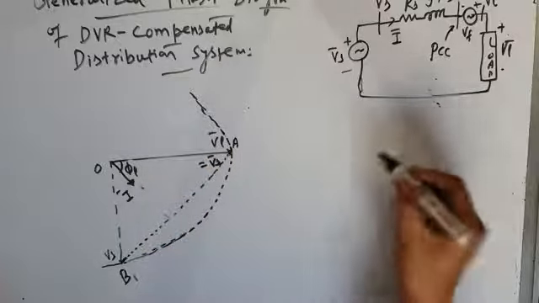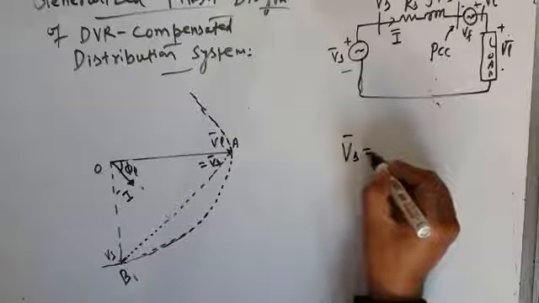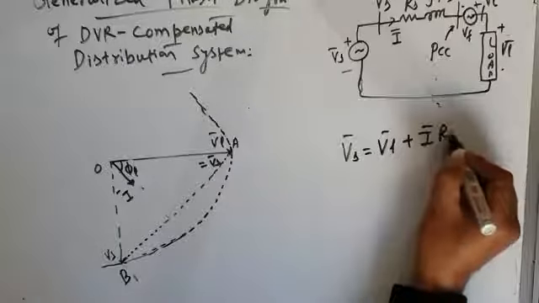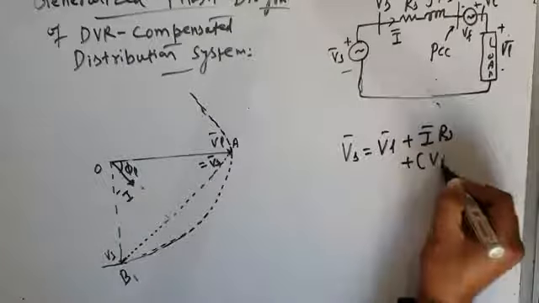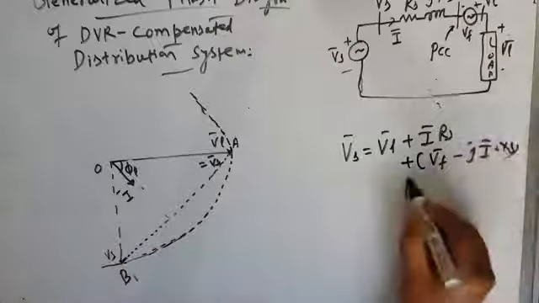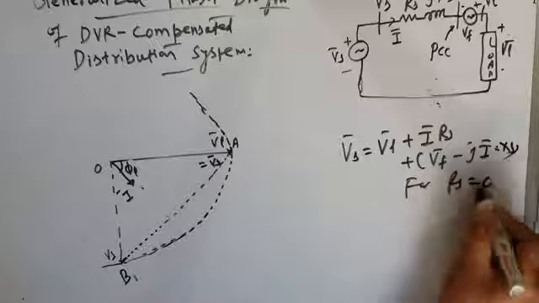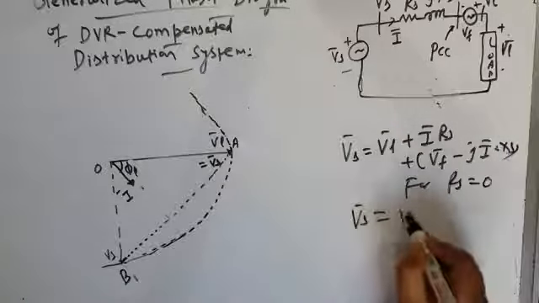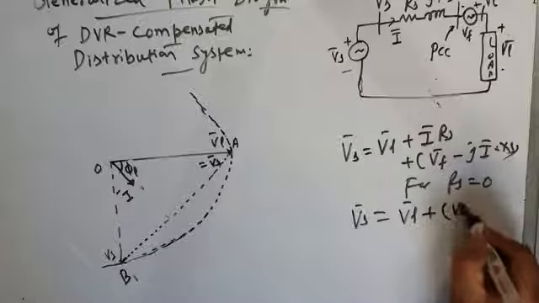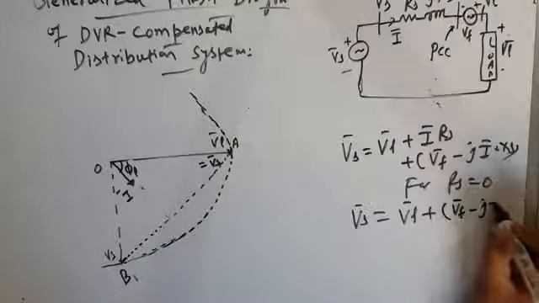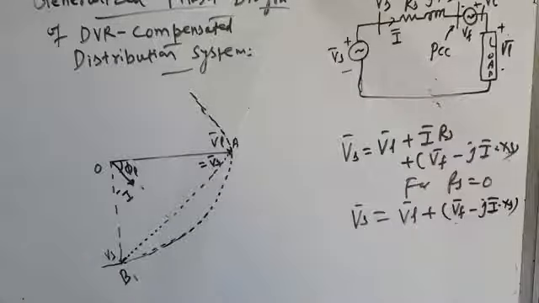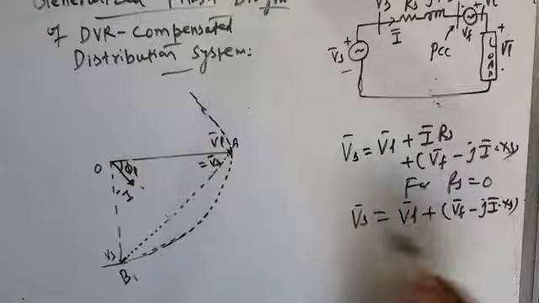Again I will write Vs is equal to VL plus I into Rs plus Vf minus J I into Xs. For Rs, that is feeder resistance, equal to 0, the source voltage will be equal to load voltage plus Vf minus J I into Xs from this equation. So if this is your VL, what is this?